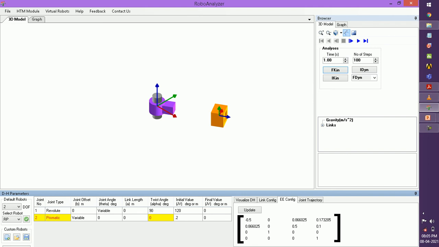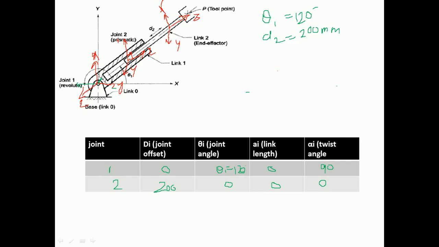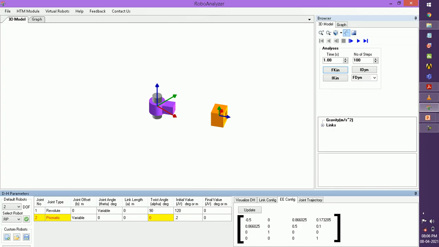Over here the software asks you about variable. When you change the configuration, this appears with respect to a few DH parameters. When it shows variable, the initial value should be this variable parameter. We found 120 degrees as the joint angle, so we fill it in over here.